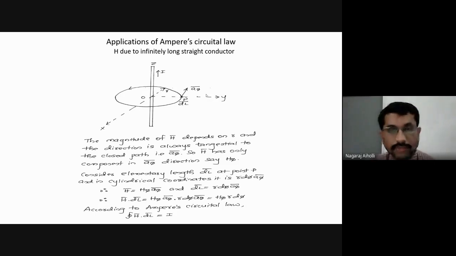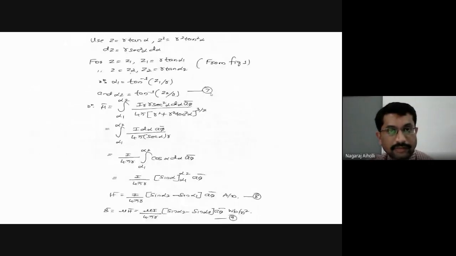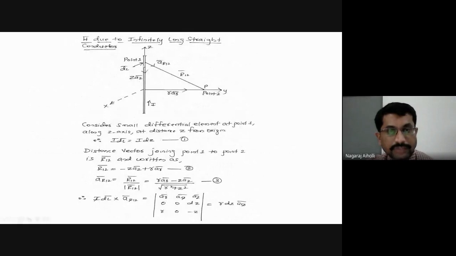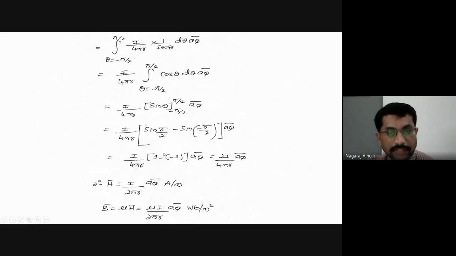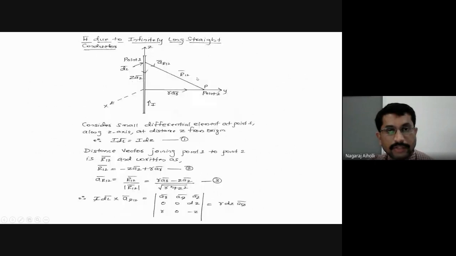That means you have to go for the previous derivations as we did in the last class. This is the H bar derivation for the infinitely long straight conductor using Biot-Savart law. Using Biot-Savart law, H bar is equal to I divided by 2 pi R A phi bar ampere per meter. According to Biot-Savart law, we have done that.